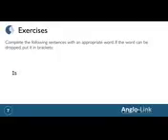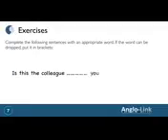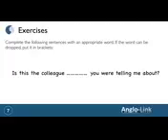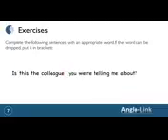Number 7. Is this the colleague you were telling me about? Is this the colleague who or that you were telling me about? You can drop the relative pronoun. Is this the colleague you were telling me about?